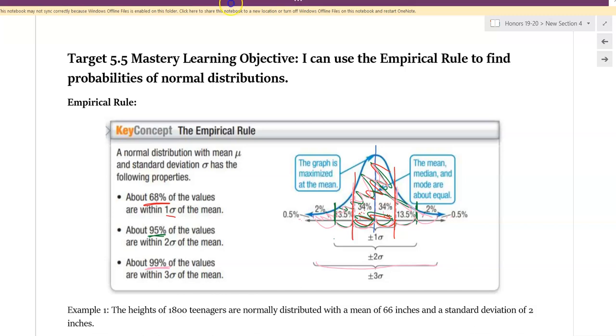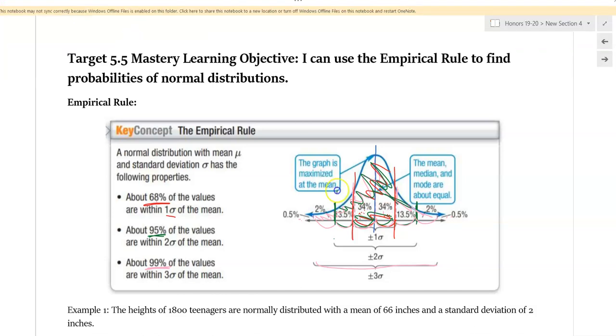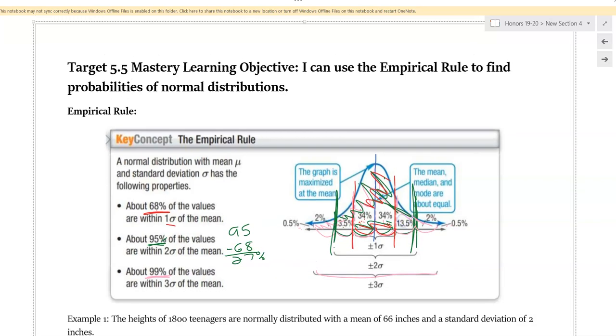Then between our green lines, we know 95% falls within there. Well, we've already used up 68, so we have 27% left. And if I cut that in half, I get 13.5. And that's how that falls in there.